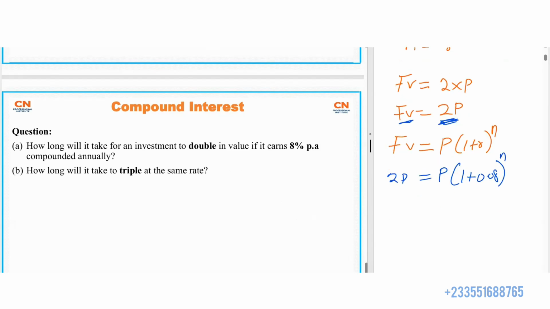Now here, what we can do is take away the P. When we divide both sides by P, the P will go away.